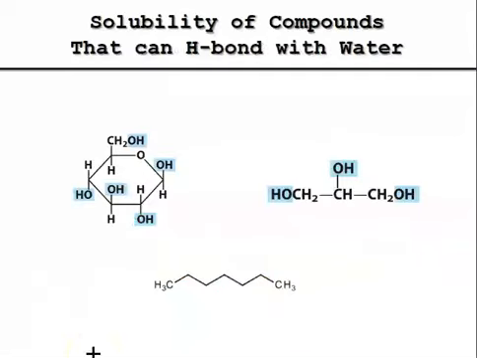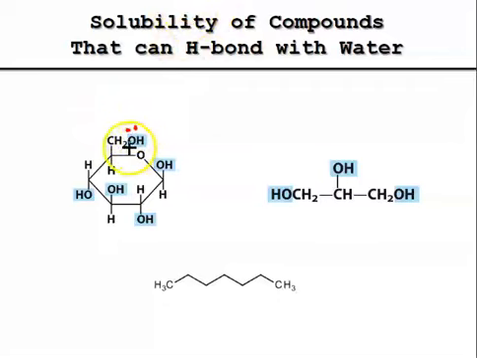We're looking at some molecules here that are examples, and this should help you with the homework assignment for the weekend. So over here we have glucose, and when we look at the structure of glucose, we should look for clues for ability to hydrogen bond with water. And so the first thing that we're looking for here are non-bonding lone pairs of electrons.